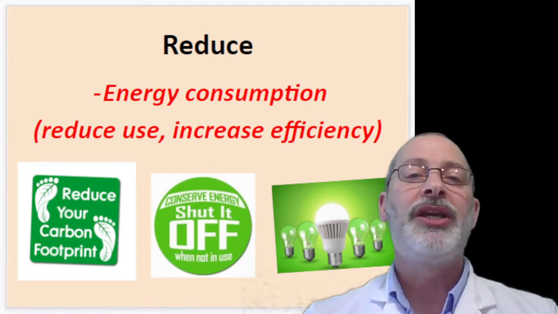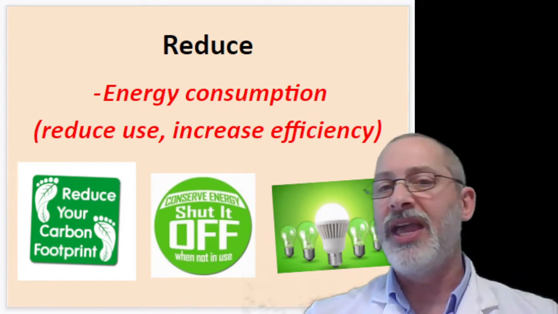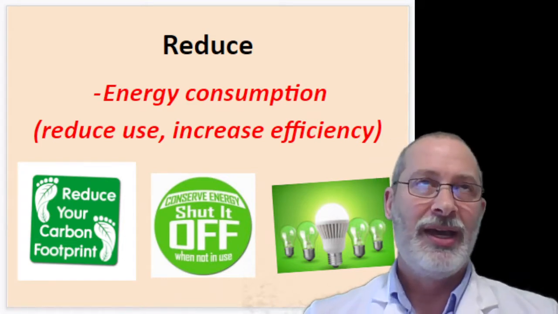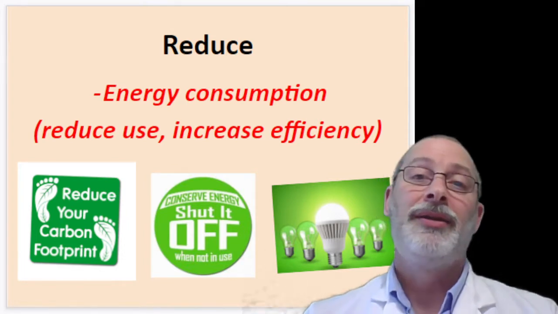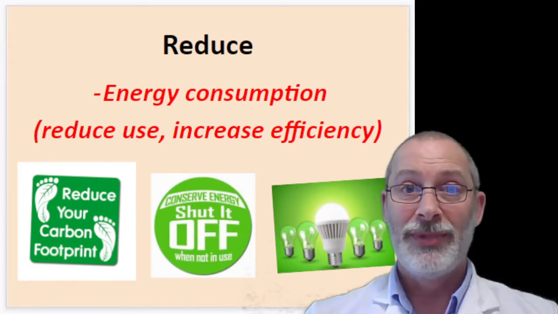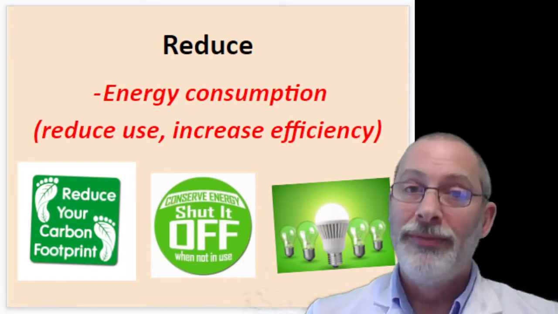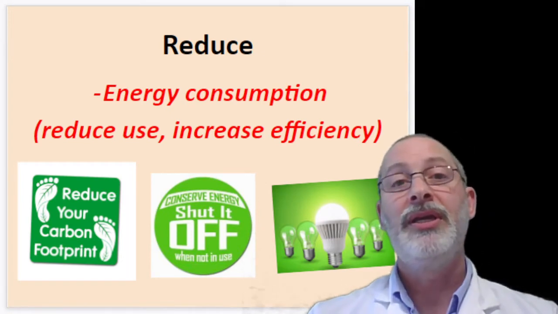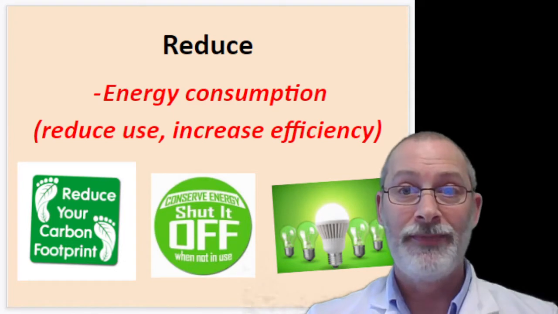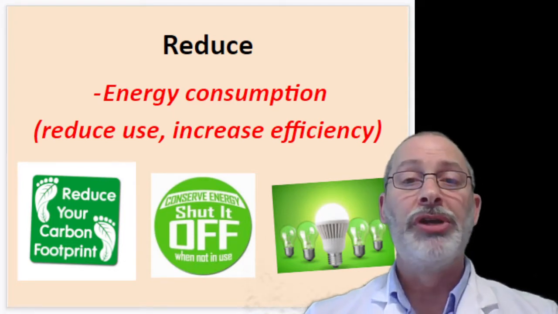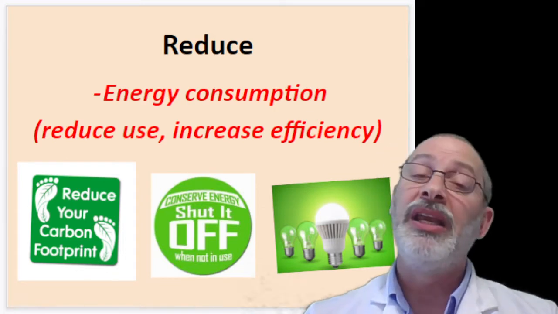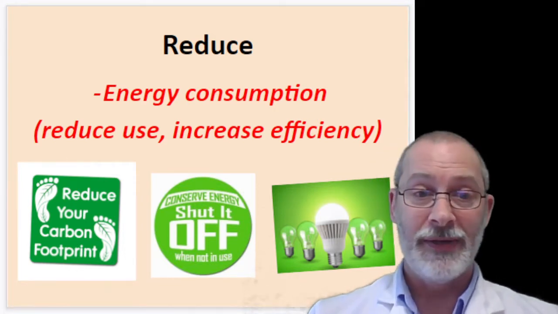Reducing energy consumption is a fantastic, simple activity we can all take part in to help eliminate the possibility of resource depletion. Reducing energy consumption. We can reduce the use and we can increase efficiency.